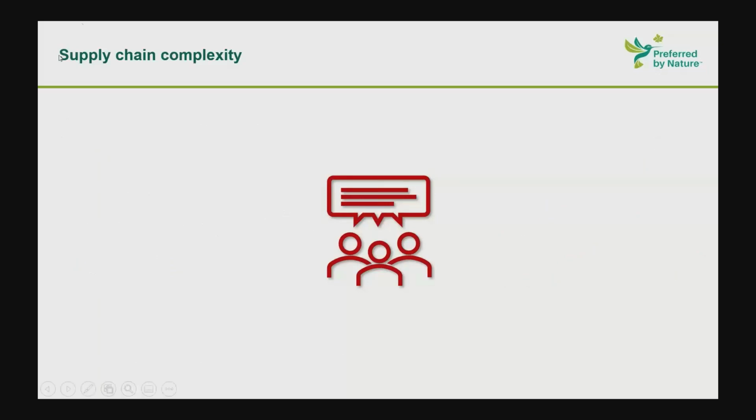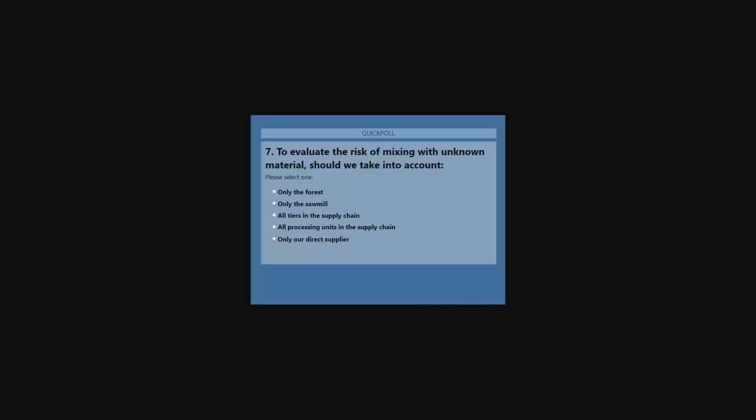Let's go for another poll. And launch. So, to evaluate the risk of mixing, should we take into account only the forest, only the sawmills, all tiers, all processing units, or only our direct suppliers?